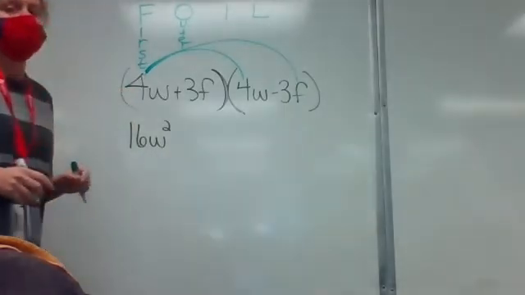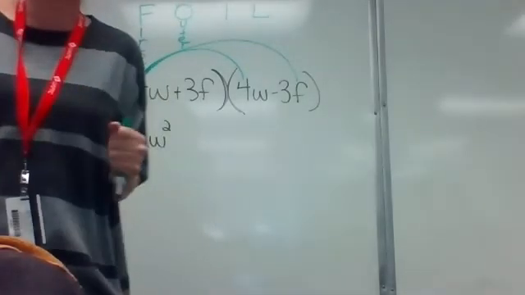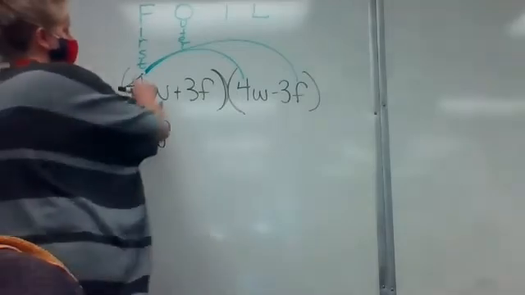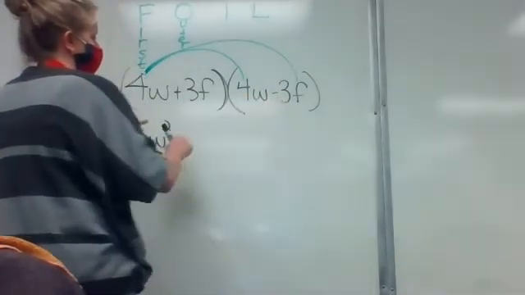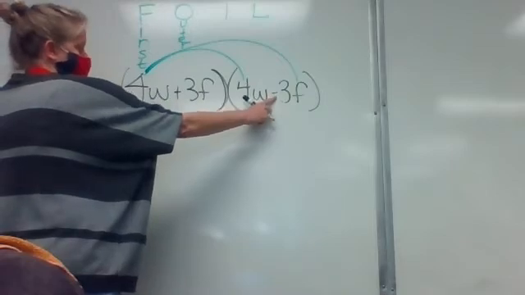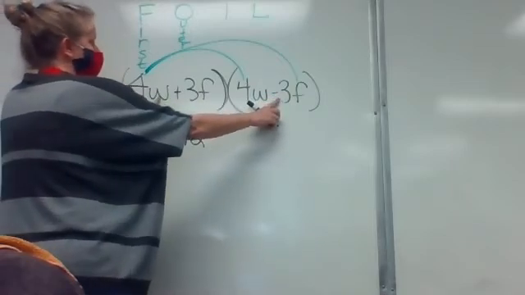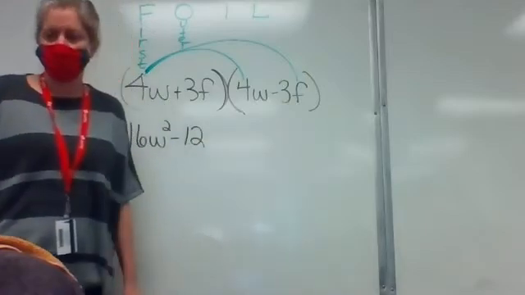So let's see. When you're multiplying letters, and if they're not the same letter, they're just going to hook on to each other. So I've got 4w times negative 3f. So let's see. This negative 3 times 4 gives me negative 12. Now, WF.